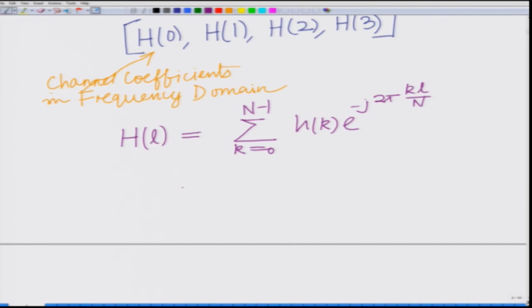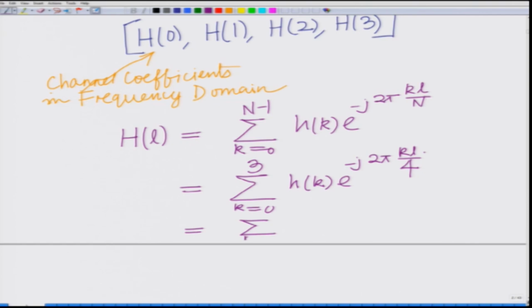And now, substituting N equal to 4, this is summation k equal to 0 to 3 Hk e raised to minus j 2 pi KL by 4, which is summation k equal to 0 to 3 Hk e raised to minus j pi by 2 KL. This is basically your capital HL, which is the Lth subcarrier coefficient.